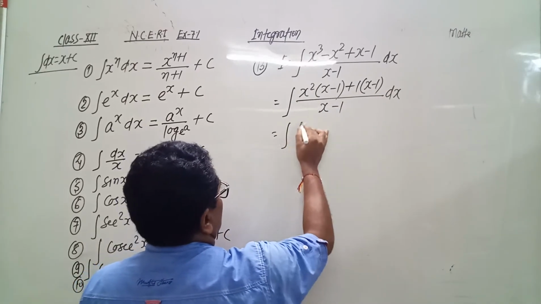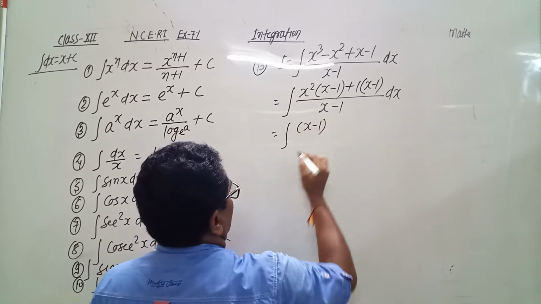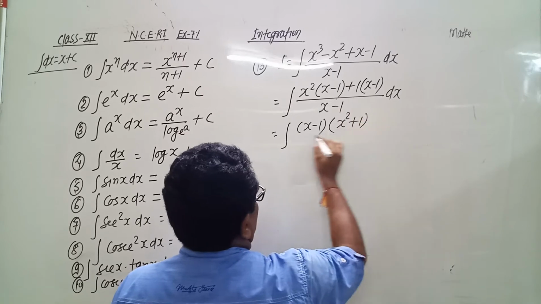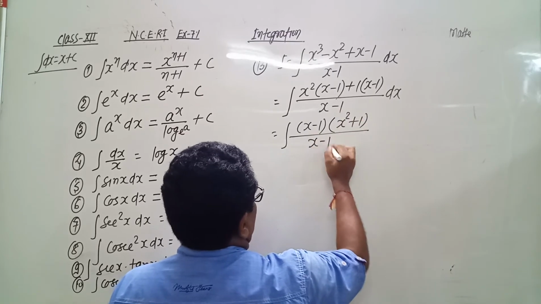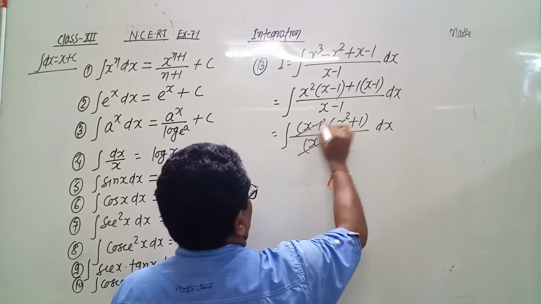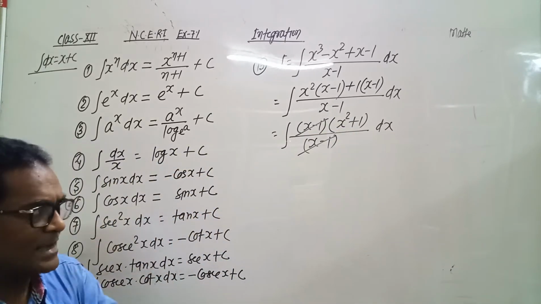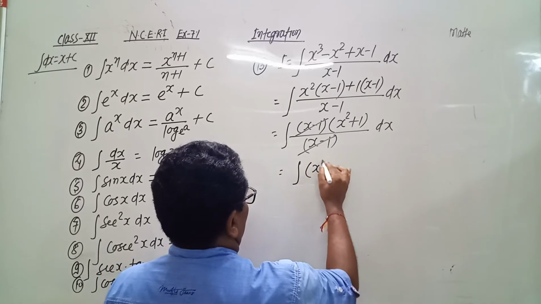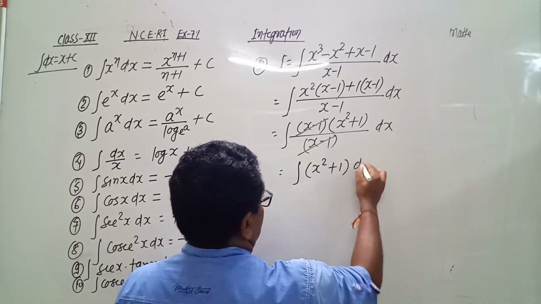From both the terms, again x minus 1 is common. So we get x square plus 1 into x minus 1 upon x minus 1 dx. So x minus 1 gets cancelled and it remains integration of x square plus 1 dx.